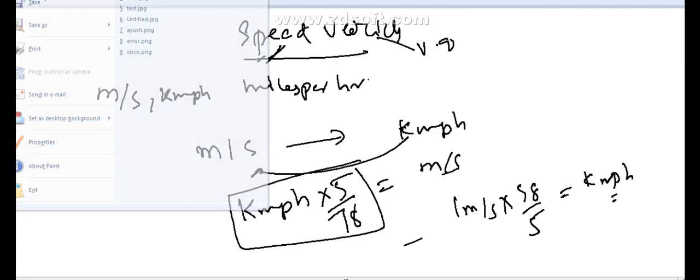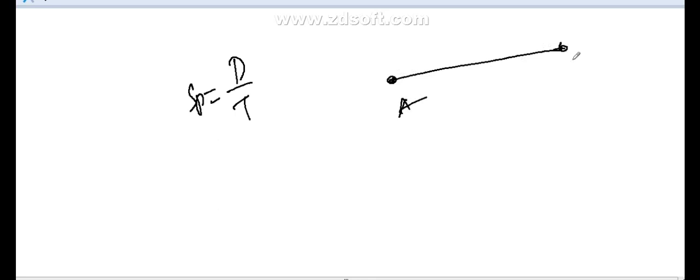So what is speed? Speed is distance by time. But what is average speed? Total distance traveled by total time taken. If I go from A to B, and I travel some distance with some time T1, then another in T2, then T3, then T4, what is the average speed?